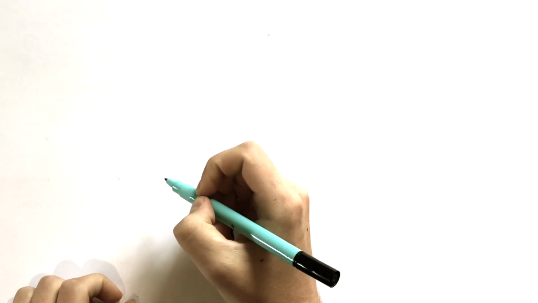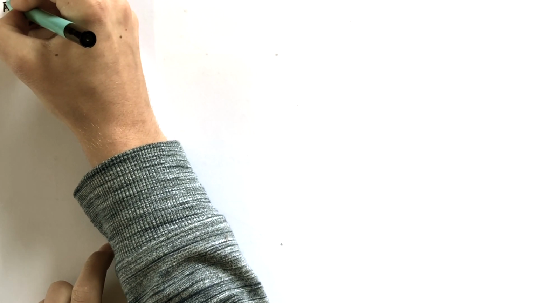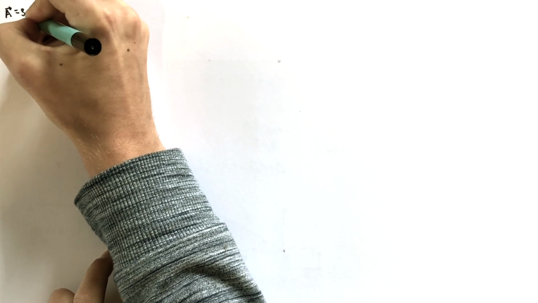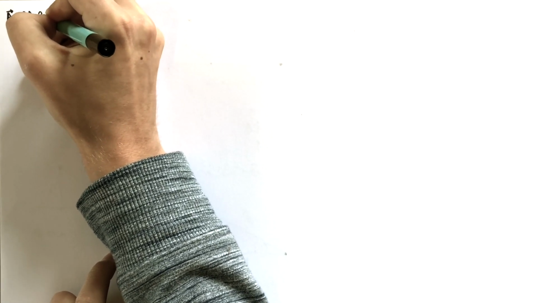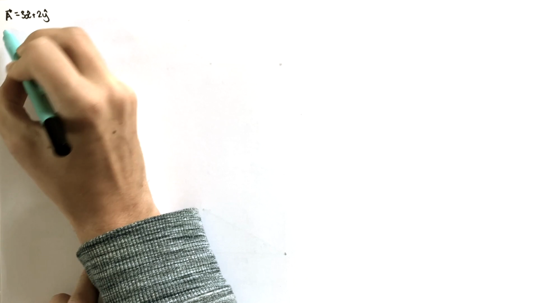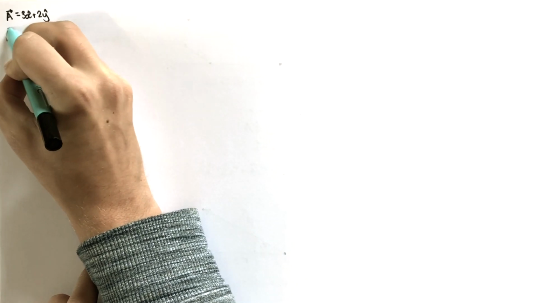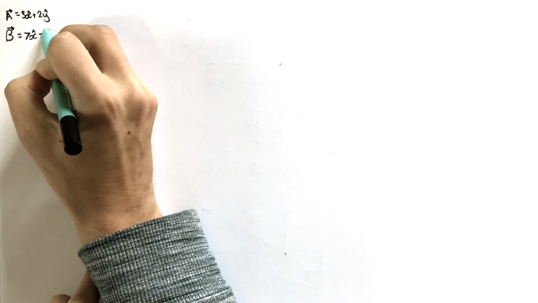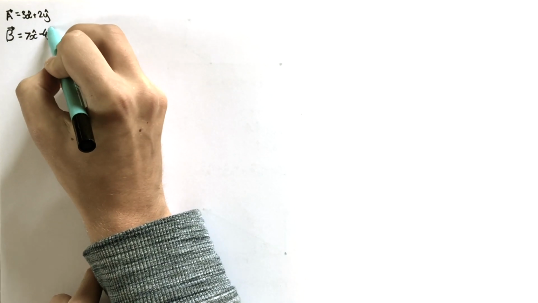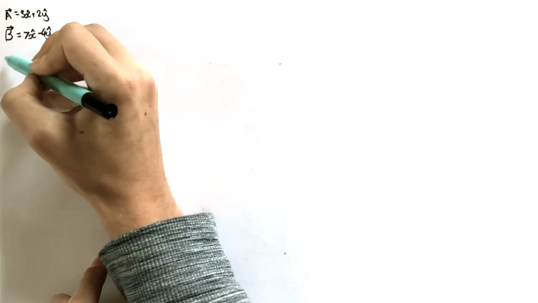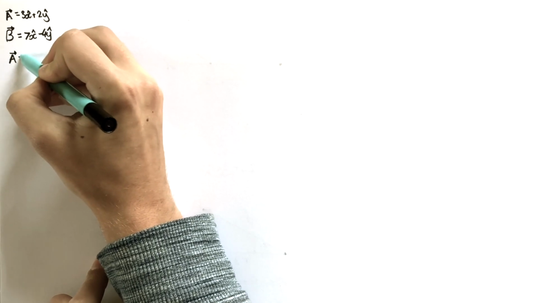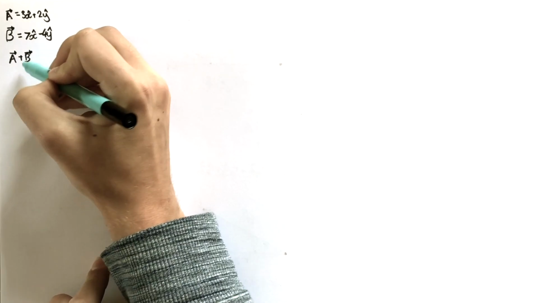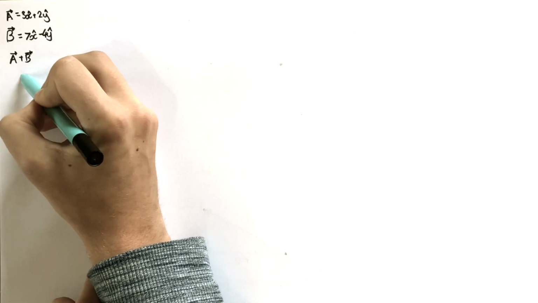So finally, let's do a practice question just to round off what we know. Say we have a vector a, which is 3x hat plus 2y hat, and another vector b, which is 7x hat minus 4y hat. Then what is a plus b? Well, that's very similar to the example that we just did.